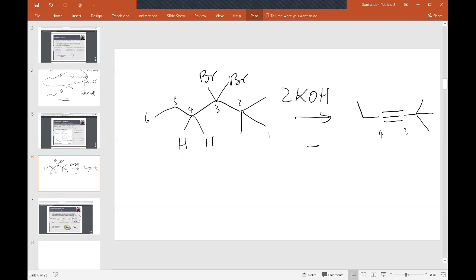So that will be the product of this. Okay, so there we have the method of synthesis of alkynes by going through a double elimination. Elimination once from this bromine and this hydrogen, a second elimination between this bromine and that hydrogen, will allow me to form a triple bond.